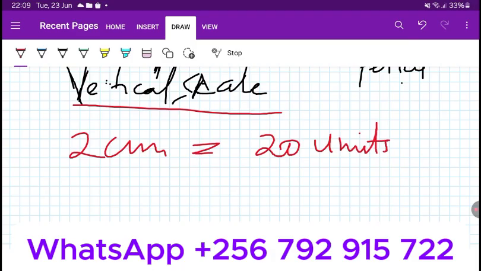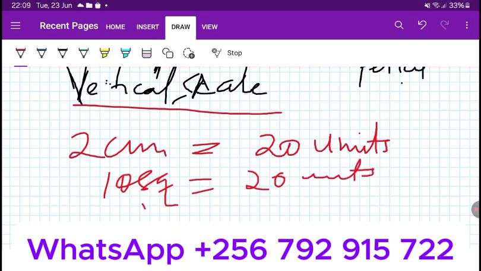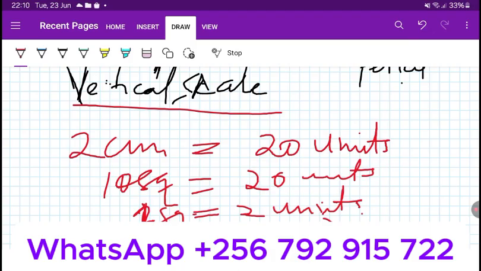So 10 squares is equivalent to 20 units, so 1 small square will be equivalent to 2 units, meaning each small square is representing 2 units. You need this interpretation, because we are going to be drawing this information.